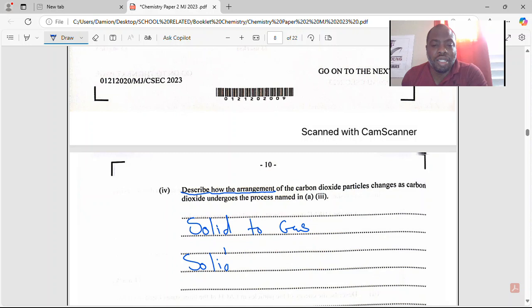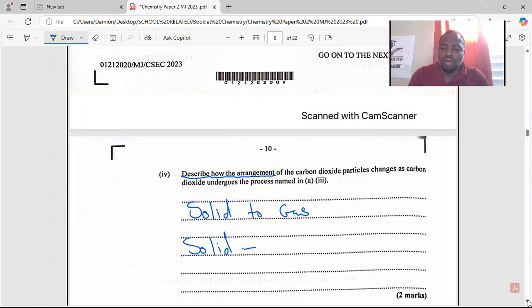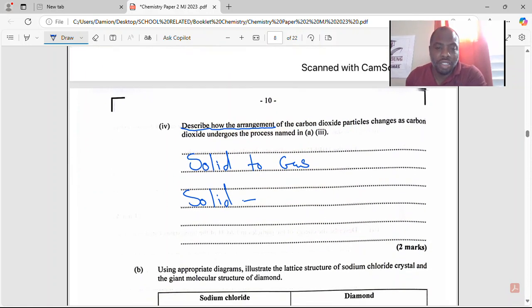So what they want you to tell them? How are the particles of the carbon dioxide in the solid, and how would you describe that? Sir, they're tightly packed. Wonderful. And how would you describe them when they're in a gas? Sir, they move freely. Now, again, you see what you did? You start to talk about movement. So how are they arranged?